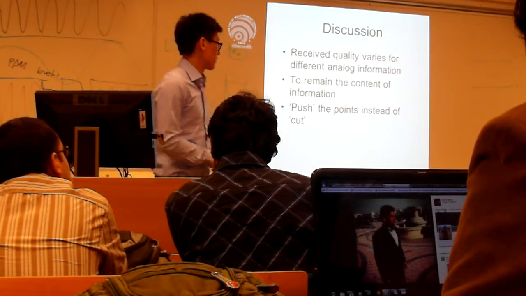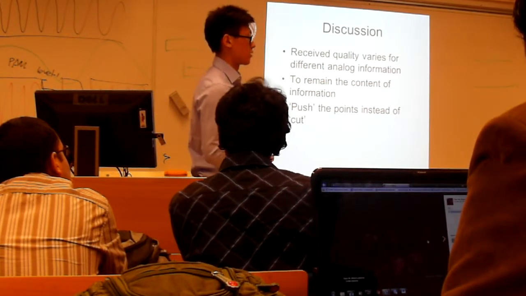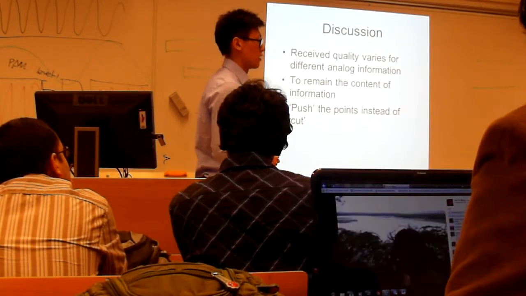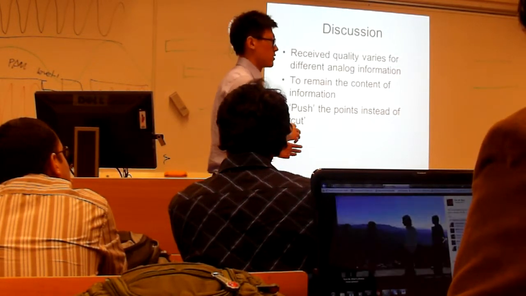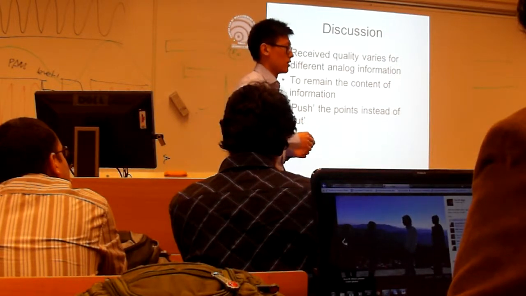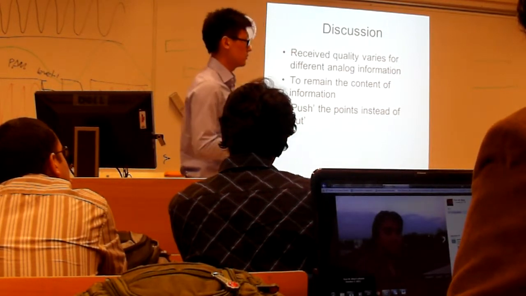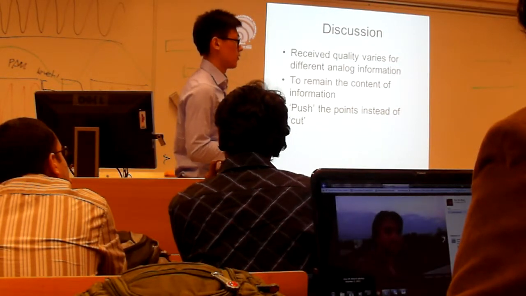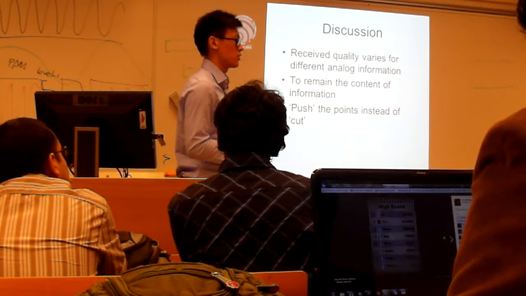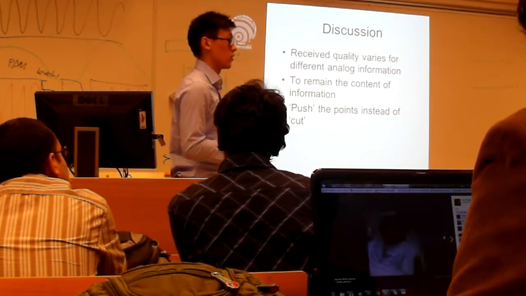The received quality varies for different analog information. For example, for the speech voice, we can simply cut the points outside the range. But for the music file, because it contains a lot of information, this will destroy the music.